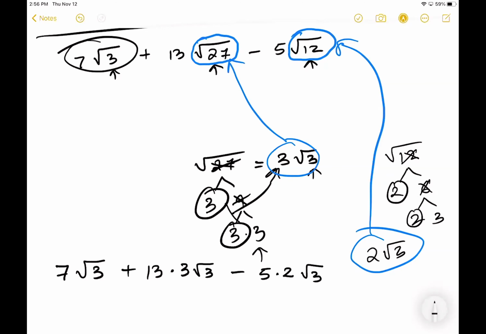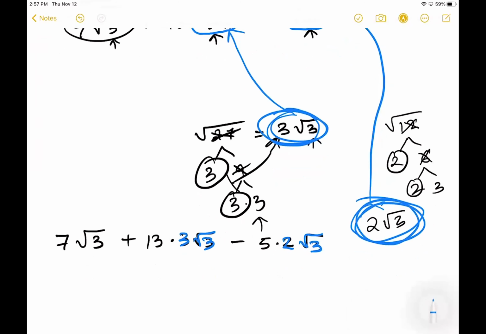All I did was take the place of the square root of 27 and substitute back in. Now everybody see, we have 7 square root of 3 plus 3 times 13, which is 39 square root of 3, minus 2 times 5, which is 10 square root of 3.